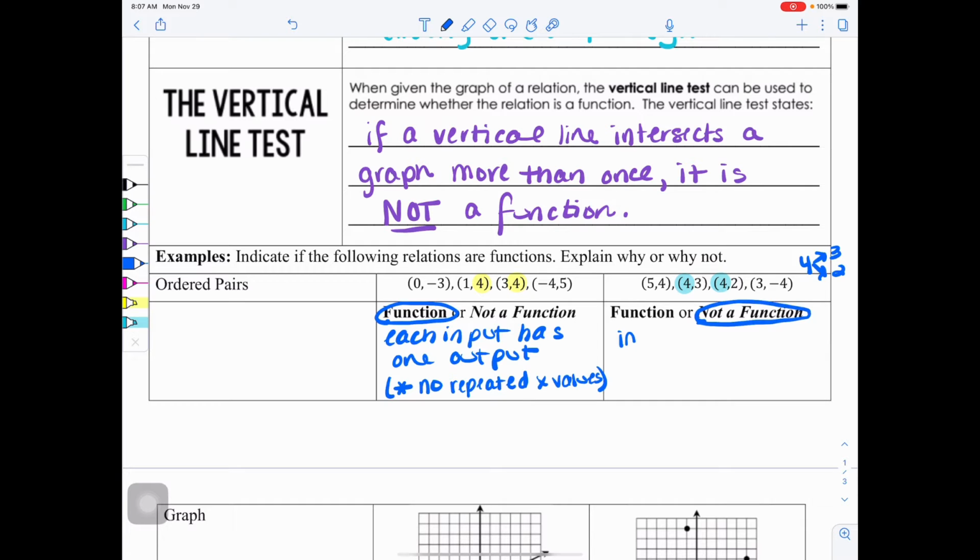And I'm going to write exactly what I just said. Input of 4 has 2 outputs. And again, a quick little trick for you to look at is there's repeated x values. Okay, so that's how you would determine for ordered pairs.